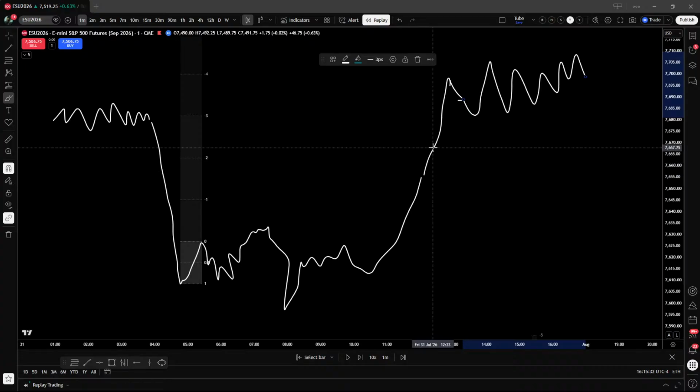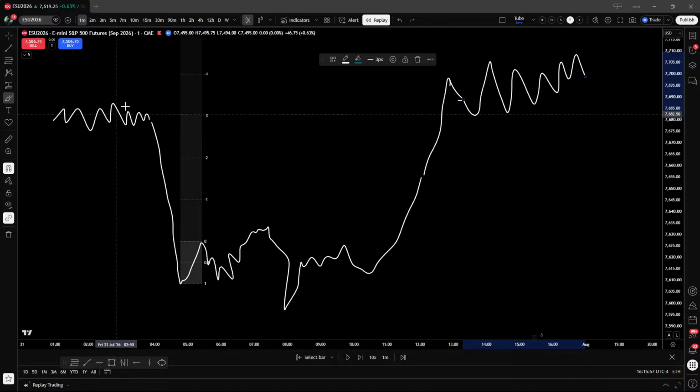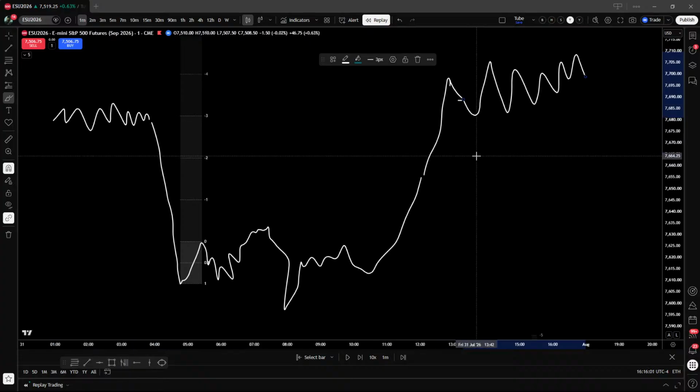So technically, if you want to be very strict about how ICT has his market maker buy model, yes, on the 5 minute there was one, and ES did go above its original consolidation, right?